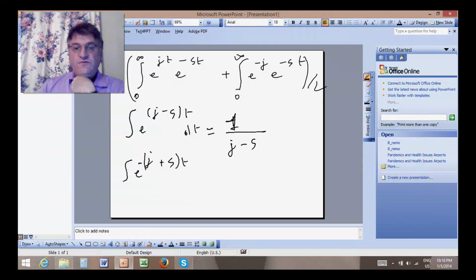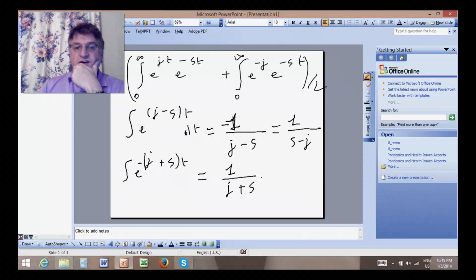So it's minus 1 over (j minus s), and here what we'll get is 1 over (j plus s), which is 1 over (s minus j) here, and 1 over (s plus j) here.